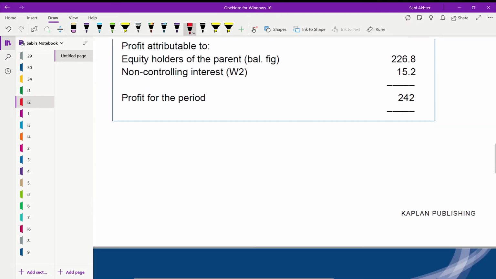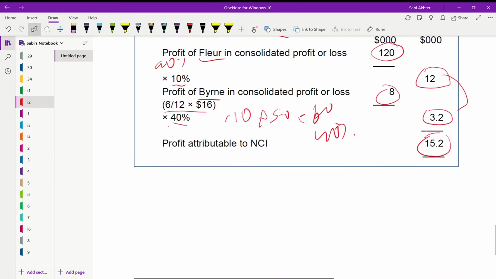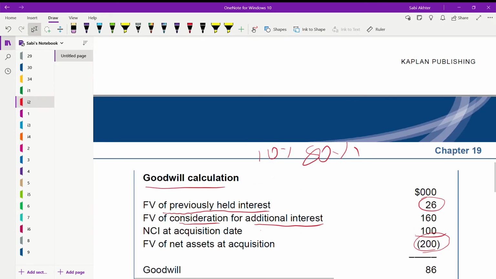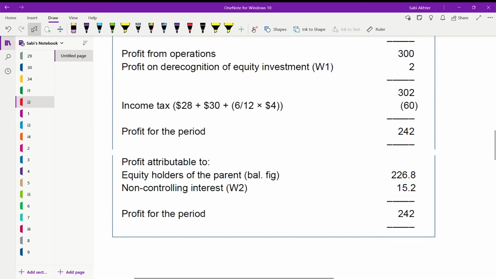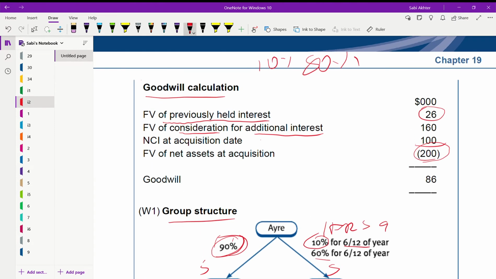There is no fair value movement and also depreciation, all those things. That table for net assets we didn't have to calculate here. All those workings we skipped, and hence the goodwill is 86. So there is no impairment for goodwill, nothing like that. Just goodwill is this working. This is separate. Okay, for this you will be getting separate marks.